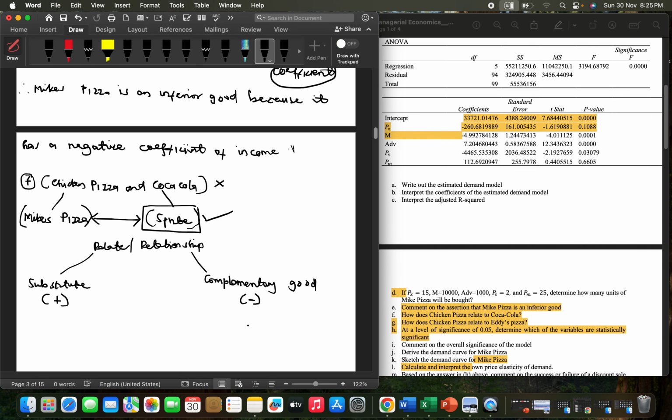So how does Mike's Pizza relate with Sprite? A complementary good. So the answer: the relationship between Mike's Pizza and Sprite is a complementary good, because Sprite has a negative coefficient.